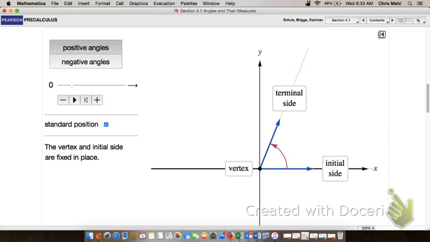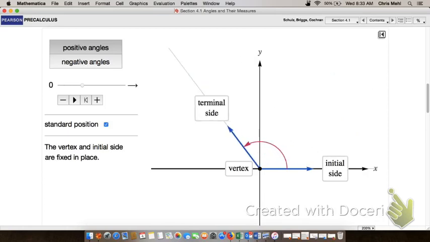Every angle has what's called an initial side that you use to form the angle by rotating that initial side. Most of the time, the initial side of the angle is located on the positive x-axis. I can start out with no angle at all, so the initial side and the terminal side would be the same, and then I can start rotating that initial side counterclockwise.